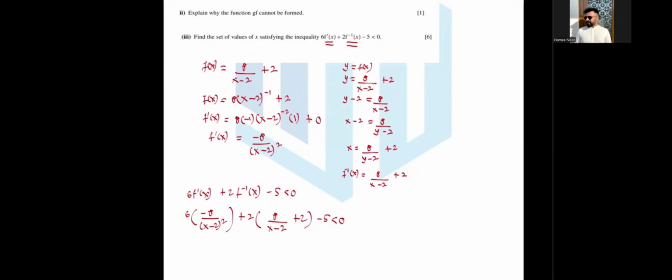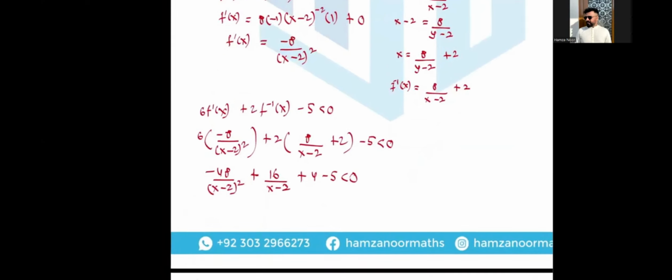So now in the next step we are going to say that minus 48 divided by (x minus 2) whole squared plus 16 over x minus 2 and then plus 4 minus 5, and this whole thing is less than 0. Okay, so far we have achieved this. So now minus 48 over (x minus 2) whole squared plus 16 over x minus 2 minus 1, and this whole thing is below 0.